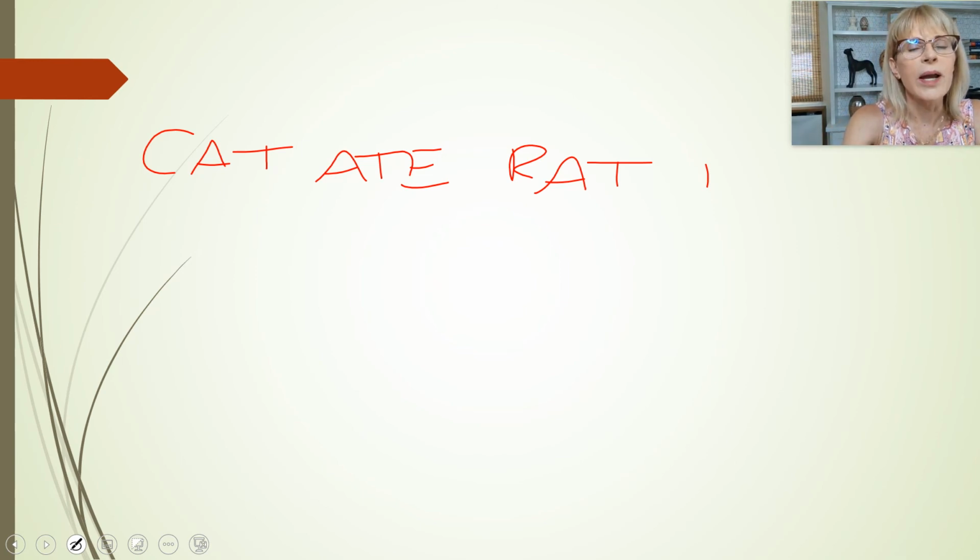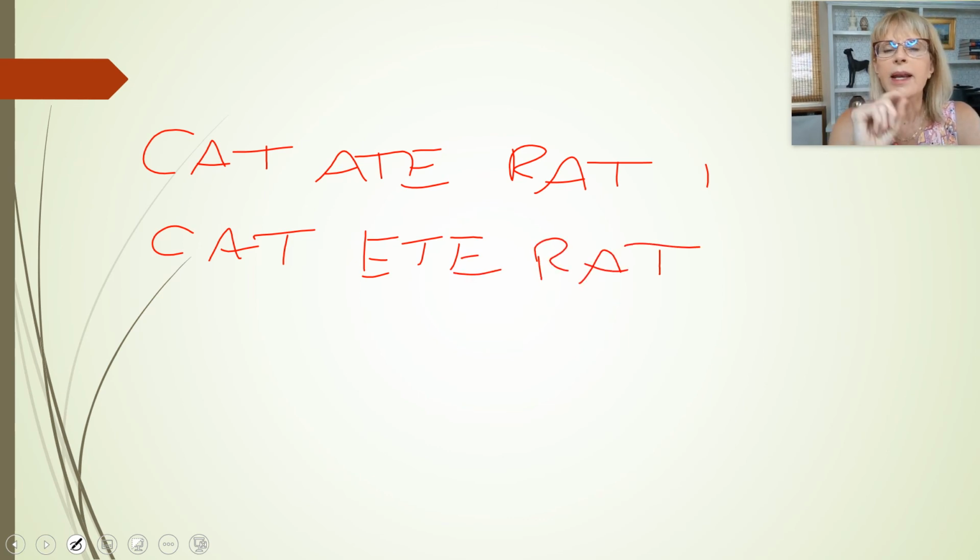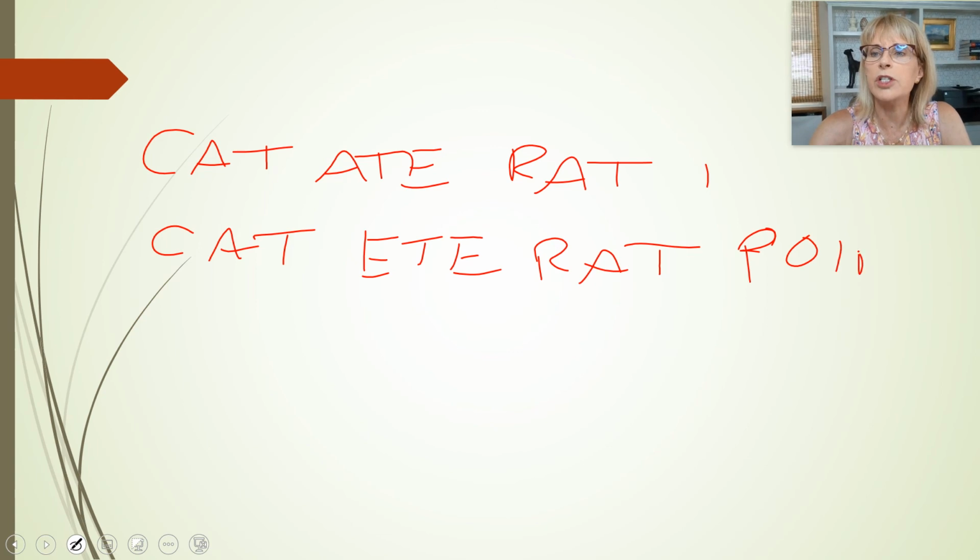So if I had a point mutation, I would have maybe something like cat ate rat. Okay. Now I've changed one codon, and that did make the sentence hard to understand. However, if we started out with cat ate rat and we ended up with cat ate rat, we might still know what it means, okay? That is a point mutation. Point mutation, it was a substitution, right?